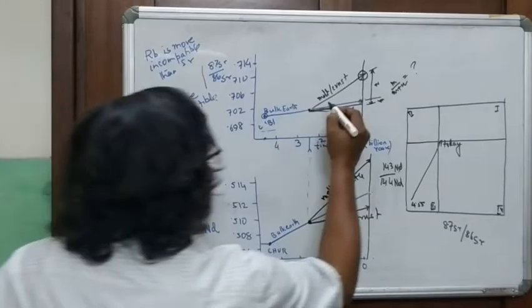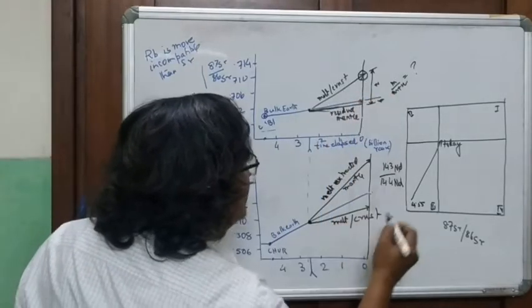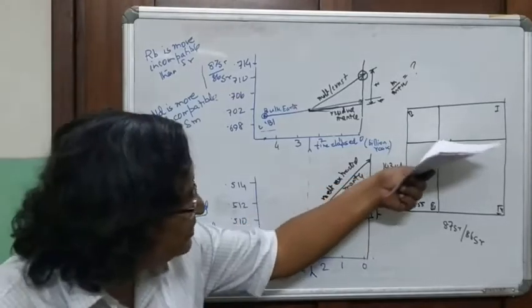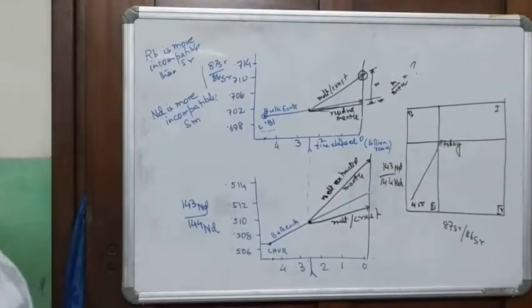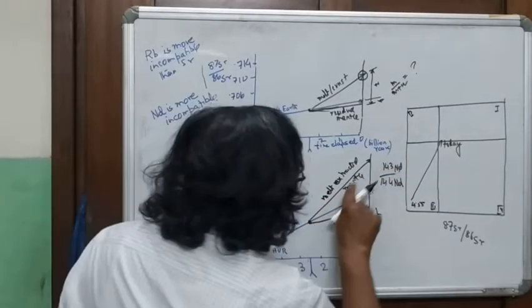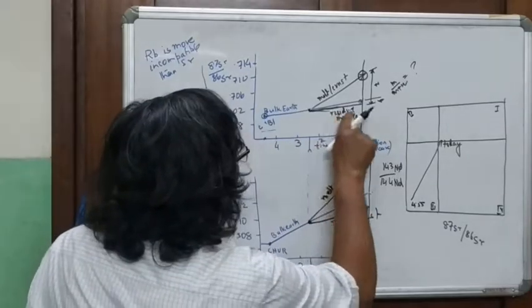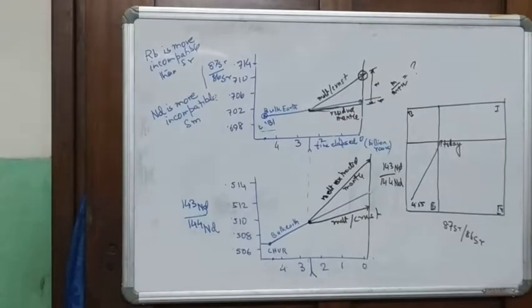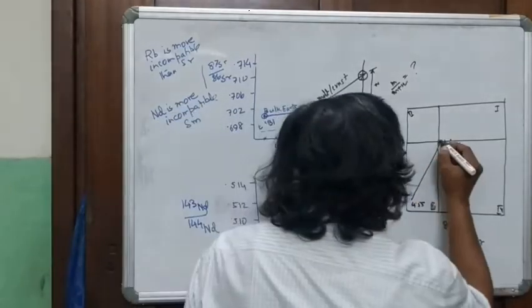Here you see 87 strontium by 86 strontium should be higher than the bulk Earth of today. Yes or no? The melt will be higher, but this one will be lower. 143 neodymium by 144 neodymium should be low.